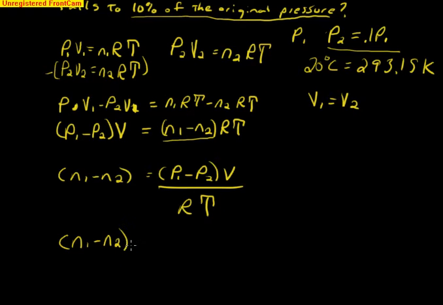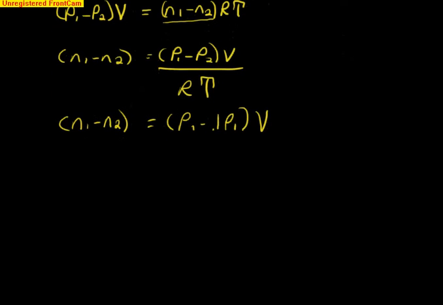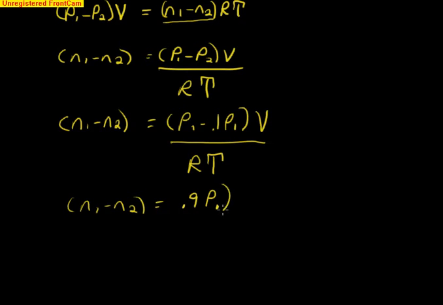Our change in our kilomoles is equal to P1 minus, well, P2 is 0.1 P1, multiplied by our volume all over a constant. And by doing the simple arithmetic here, what is this? If you're subtracting that much, you get 0.9 of your initial pressure. That quantity is going to be multiplied by your volume over RT.